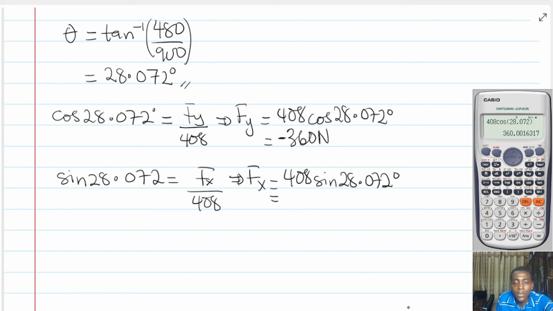And I'm going to get 408 sine 28.072, and that's going to be 191.997. So almost 192. So 192 newtons.